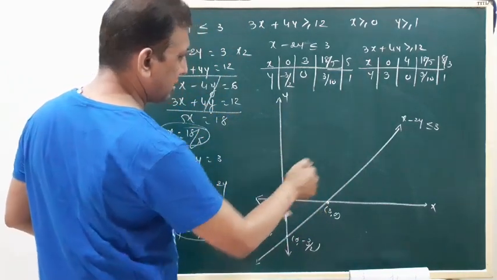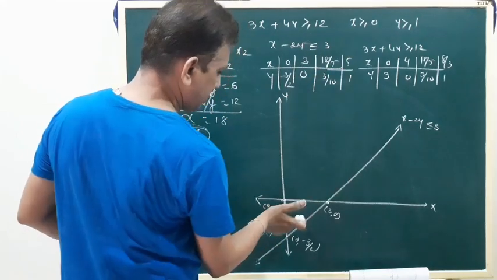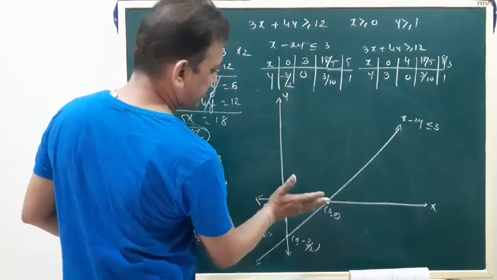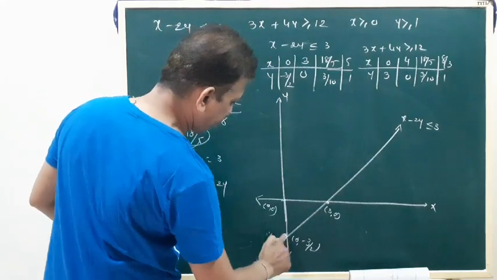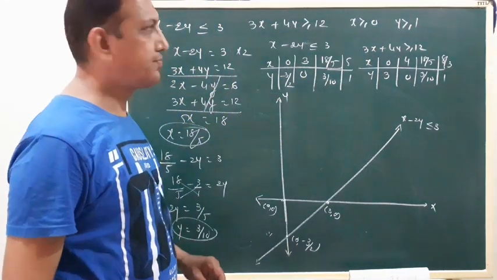So the first line's common portion is this portion, first and second, all this. V shape. Okay, common portion.